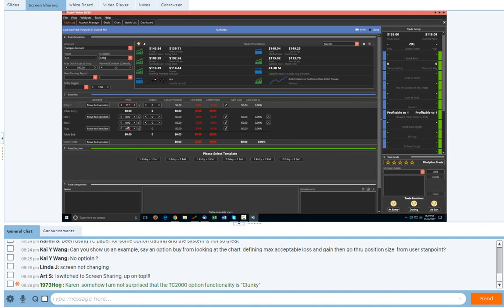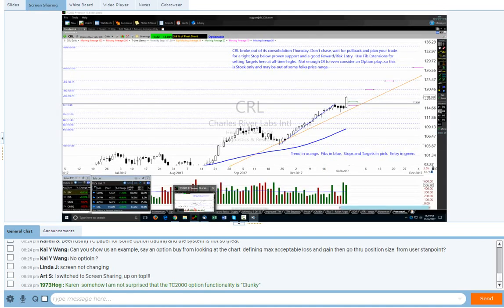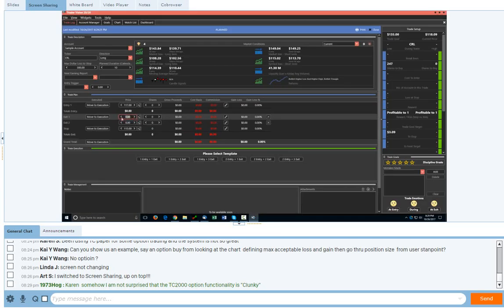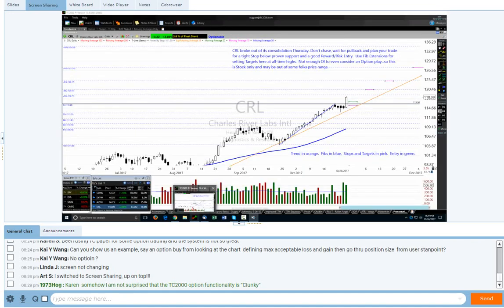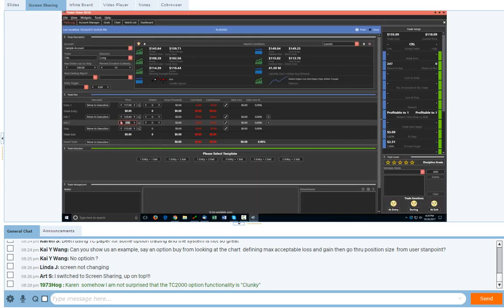And my stop is going to be about, let's call it 115, tight below that. And my first target was up there about 120.40. And my second target is going to be 123.